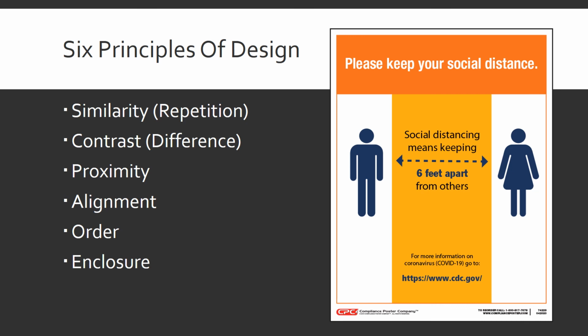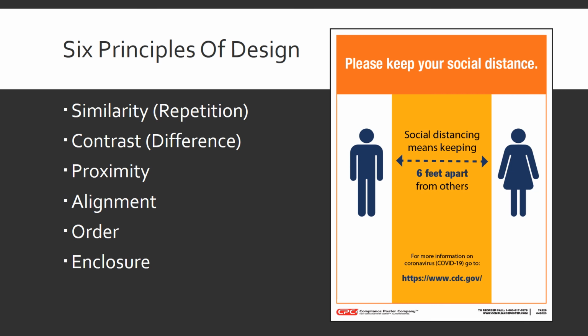And then enclosure. In this document, we have the border that encloses everything, and then we have an enclosure in the top where we have this text box behind where we're keeping that please keep your social distance information all together.